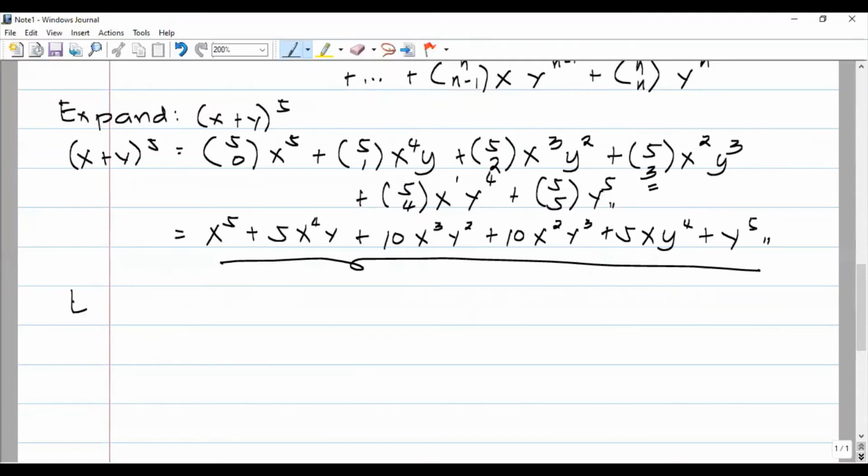The other one is, expand x plus y raised to 8.